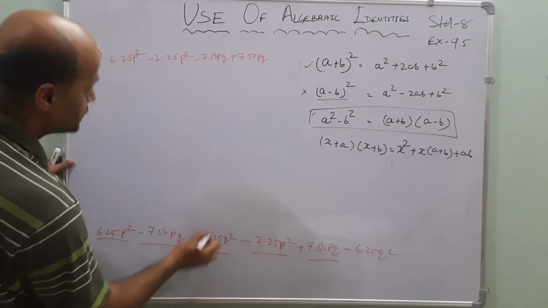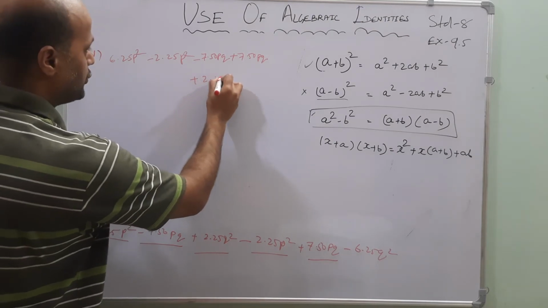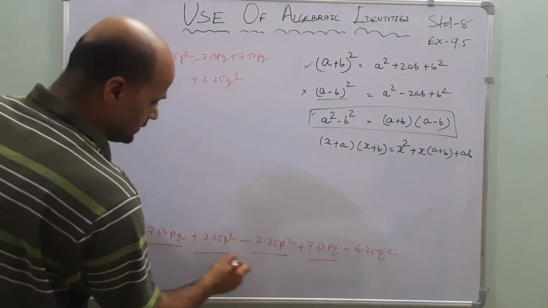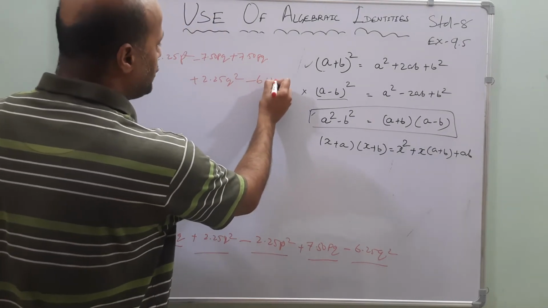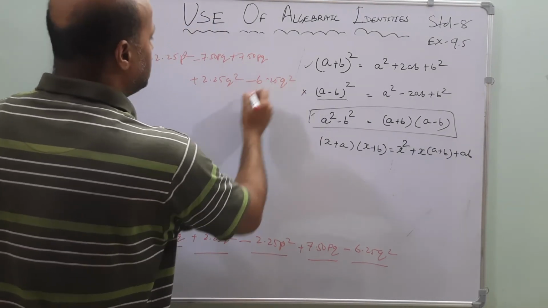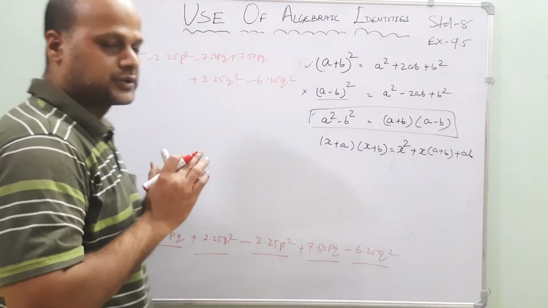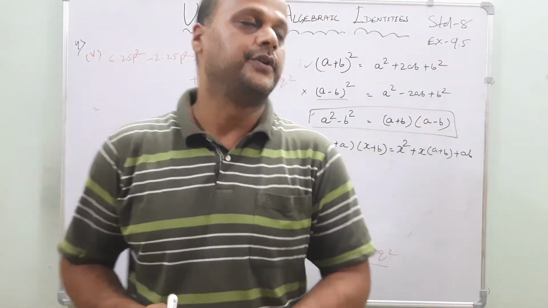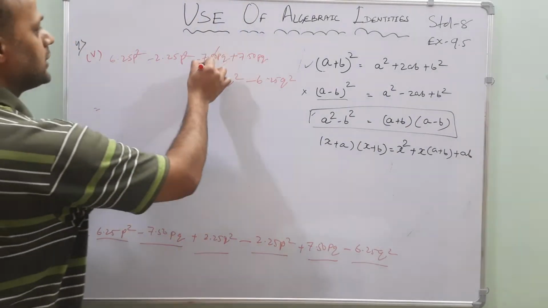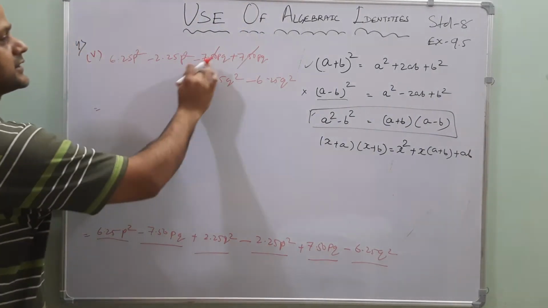Okay, then this one plus 2.25 q square. Which one is left? This one is left. Minus 6.25 q square. Now in this case, we are just making the variables in one place, so solve it now. Here both of them are cancelled because pq plus and minus is there.